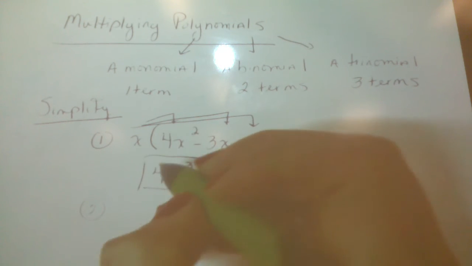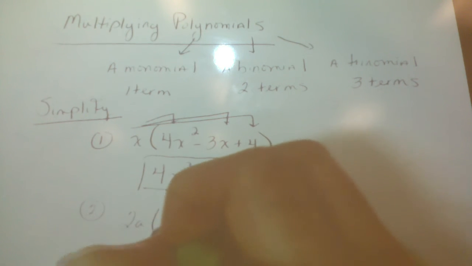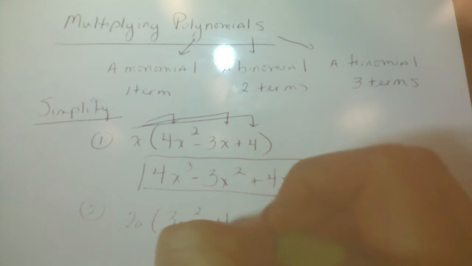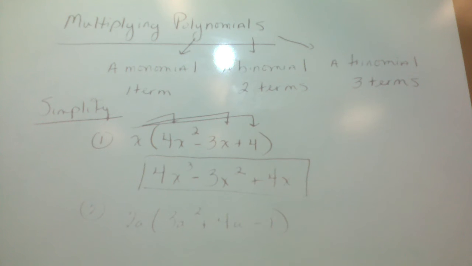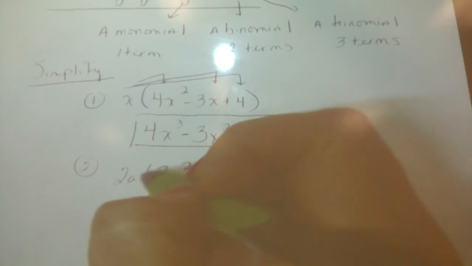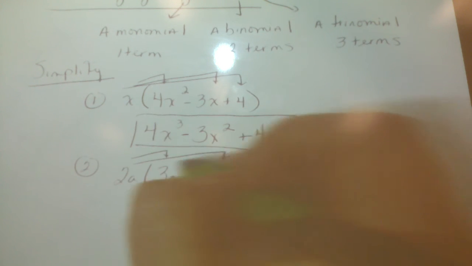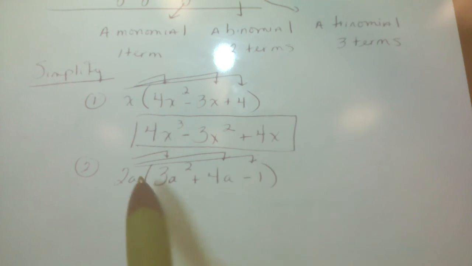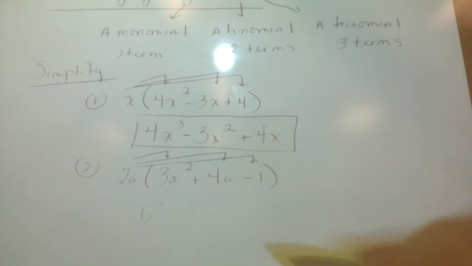Number 2, I've got 2a times 3a squared plus 4a minus 1. I'm going to take this 2a, and I'm going to multiply through. 2 times 3 is 6. I'm going to add the exponents. 1 plus 2, that's giving us 3.